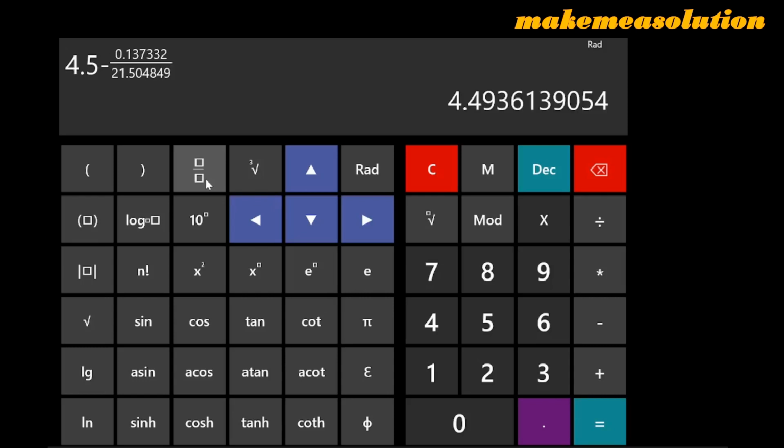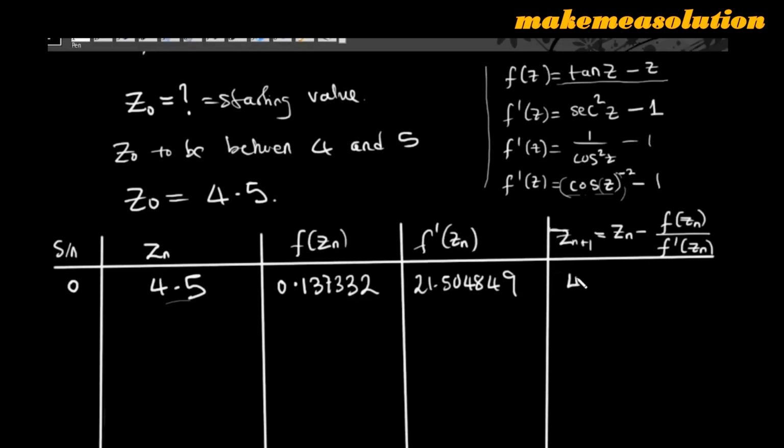This gives me 4.493614. As usual, we are going to transfer this value to be our new start value, 4.493614, and then repeat the process. Is that okay? So we've crossed from the 0th iteration to the 1st iteration.